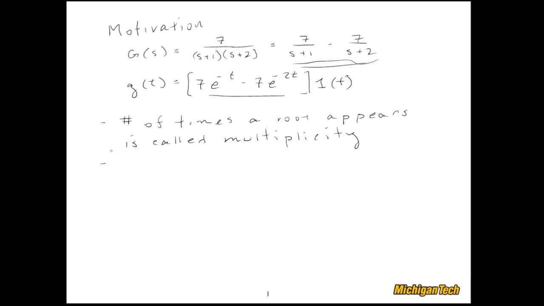Another definition is that if we have a root with multiplicity, or m, equal to 1, it is called simple.